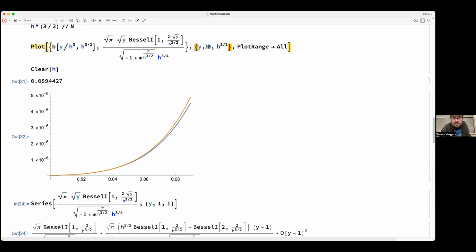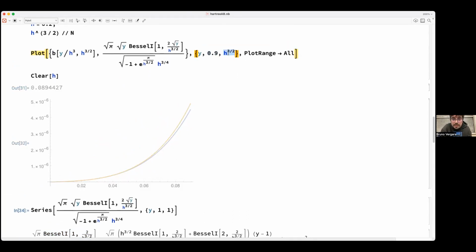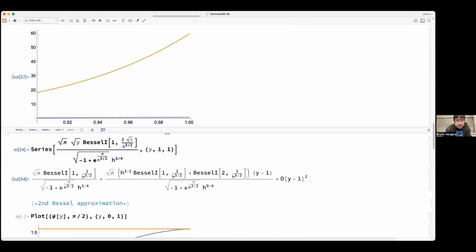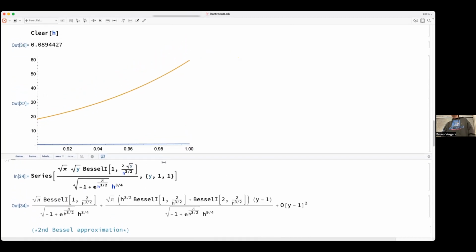Benoit was suggesting something interesting, which is, let's say 0.91. It's big, but not... So it's exponential of 1/h somehow. Yeah, we have it here. Can I continue?